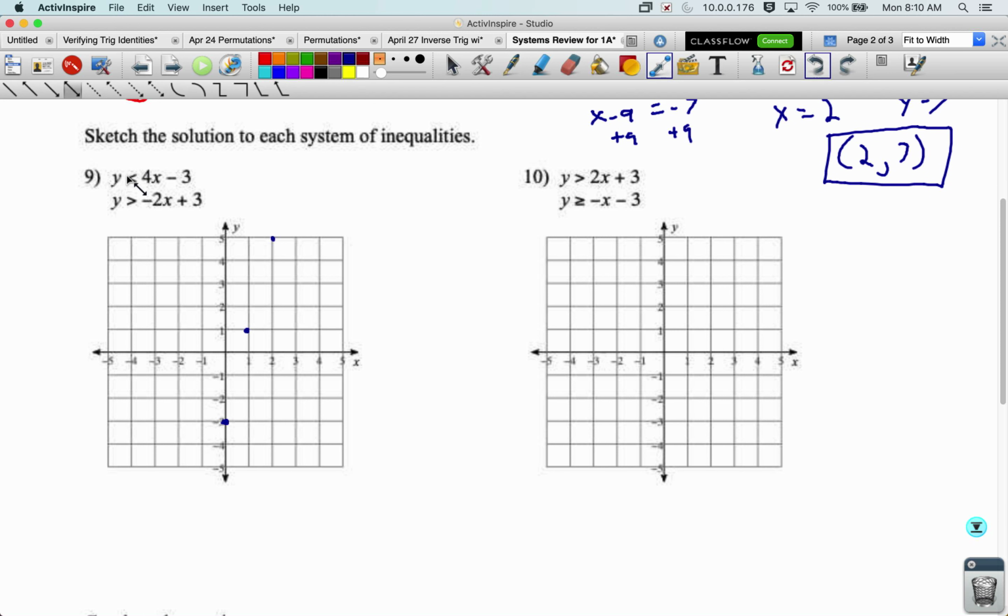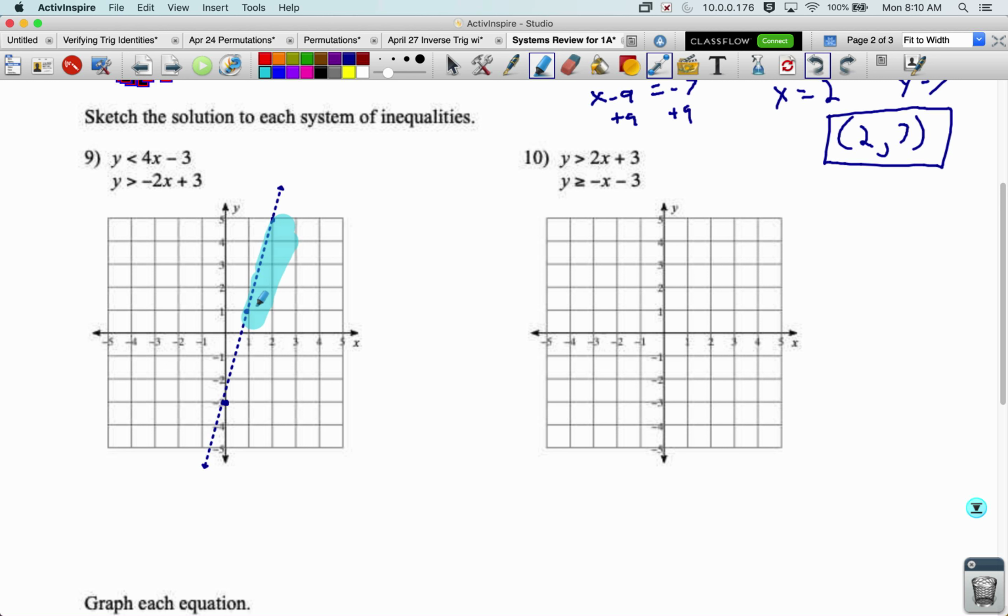I have to look back at the inequality. This one doesn't have the or equal to, so this one gets connected with a dotted line. All right, and then this symbol here tells me to shade below that. So I'm shading below this dotted line, which is this half over here.